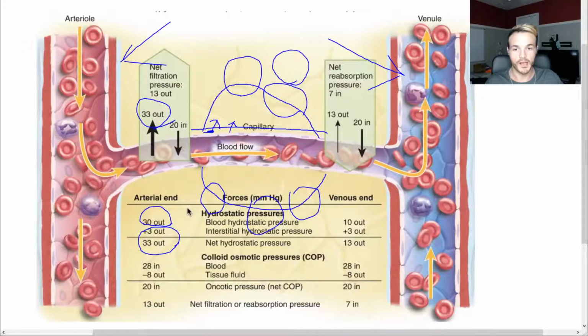At the same time, we have the colloid oncotic pressure, which, as in lecture, refers to the proteins inside the blood, like albumin, globulin, everything like that. It's flowing through, doing that pulling force. Pretend there's a rock and a water hose, and it's going down a tube.